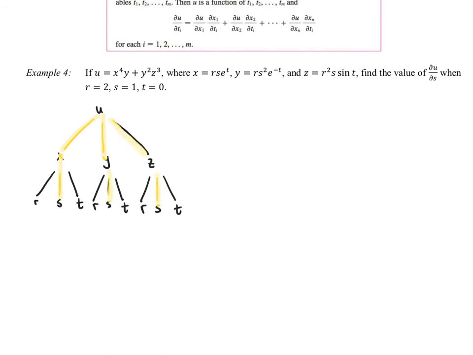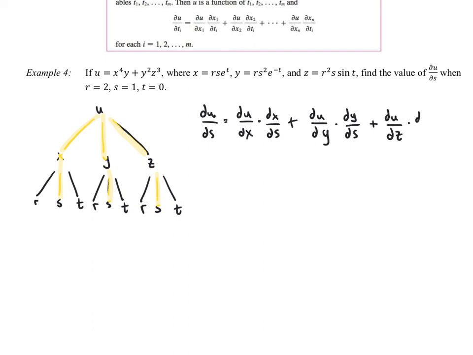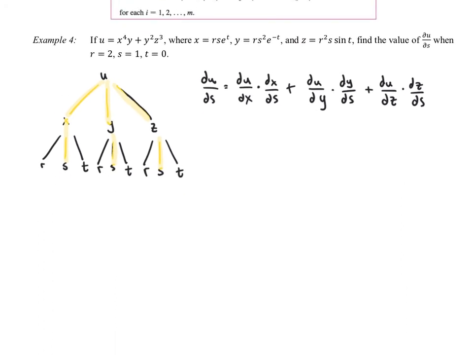So in other words, we have du/ds equal to du/dx multiplied by dx/ds, plus du/dy multiplied by dy/ds, and finally du/dz multiplied by dz/ds. So those are our parts to this particular derivative. So let's go ahead and calculate those.